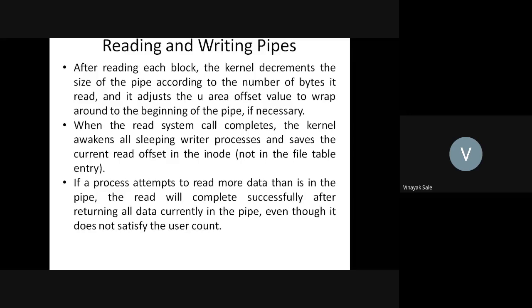After reading each block, it adjusts the user area offset value to wrap around to the beginning of the pipe if necessary. When the read system call completes, the kernel awakens all sleeping writer processes and sets the current read offset in the inode.